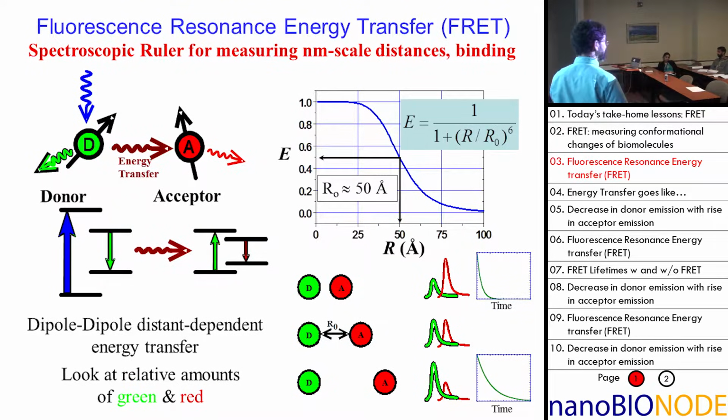In fact, let me show you a graph of that. What we found is that the distance between the donor and the acceptor looks like 1 over 1 plus r to the 6th, with a normalization parameter. That normalization parameter we call r naught, which is the distance at which 50% of the energy is transferred.